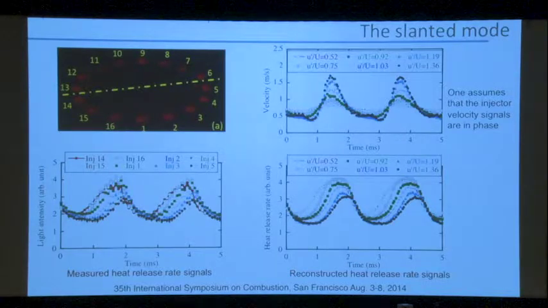So basically, you reconstruct something which is very close to what you measure here. You see, this is reconstructed by assuming this. You reconstruct that using the describing function, and you get something which looks like that. So the slanted mode can be explained because of these nonlinear effects. It's very unusual to have something like that.